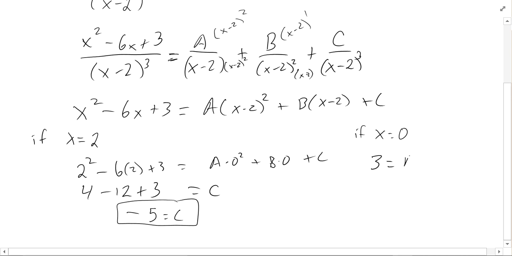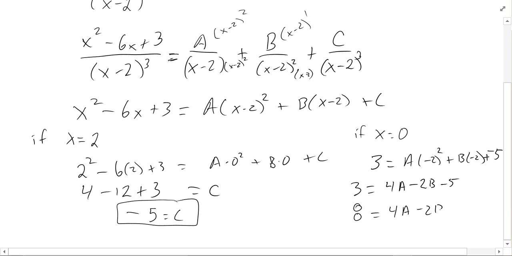The right-hand side will have A times negative 2 squared plus B times negative 2 plus C, but I already know C is negative 5, so I'm going to plug in negative 5 for C. Does that help us out? Well, yes, it gets us to a nice equation: 3 is equal to 4A minus 2B minus 5. Moving the 5 to the other side, 8 is equal to 4A minus 2B.